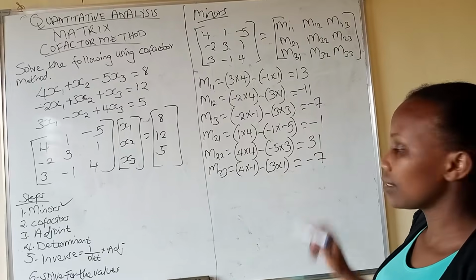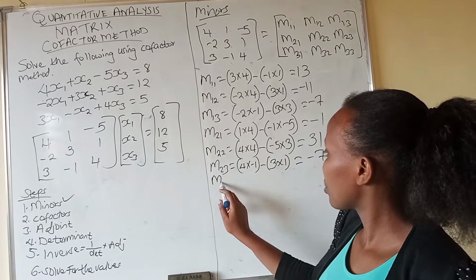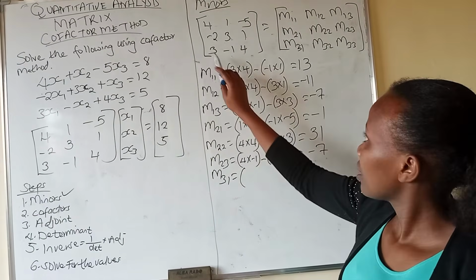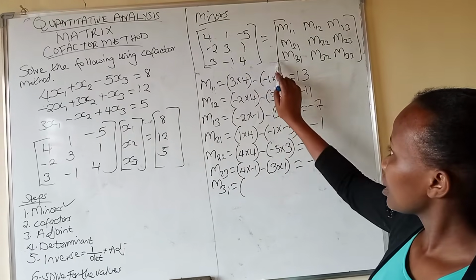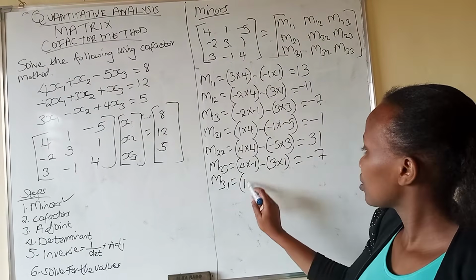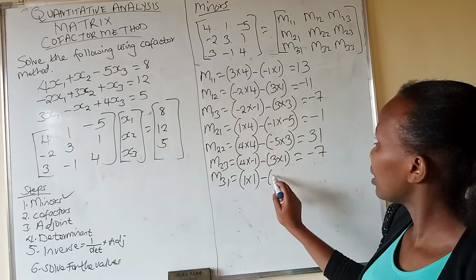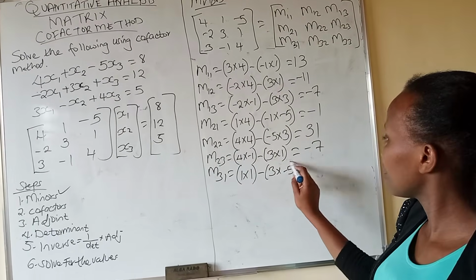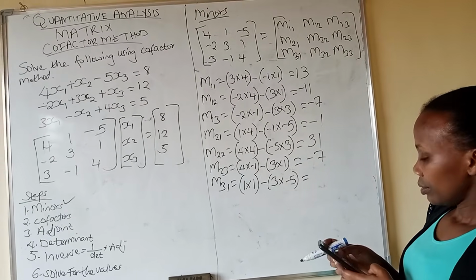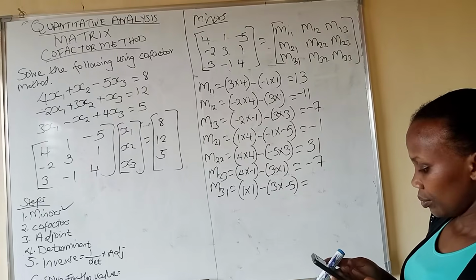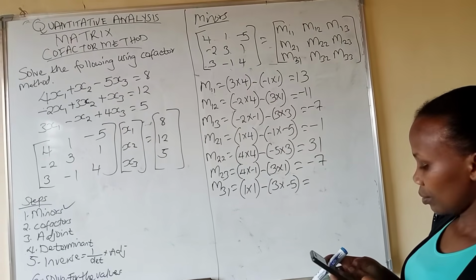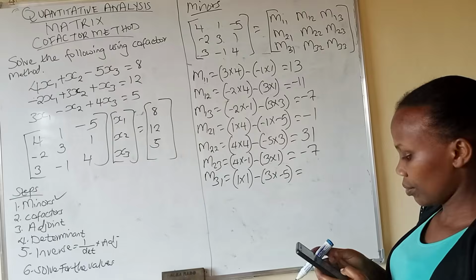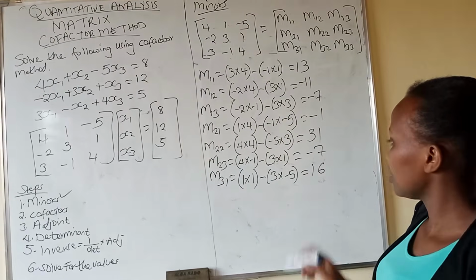which is negative 7. Same case to M31, the ones that are not in row 3 and column 1. So we are going to get 1 times 1 minus 3 times negative 5, which is 16.